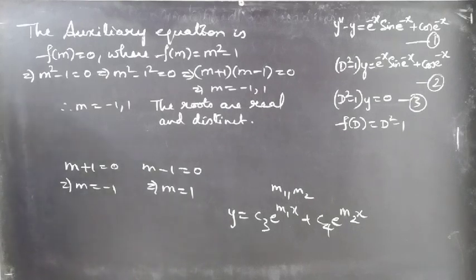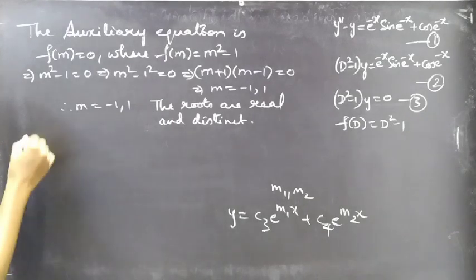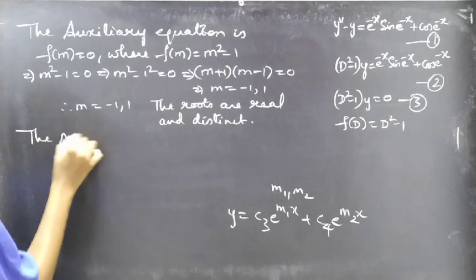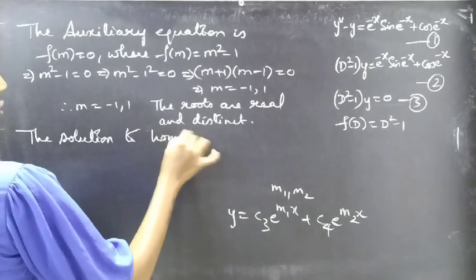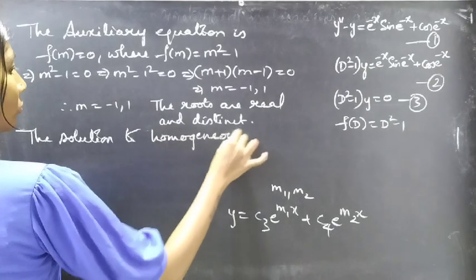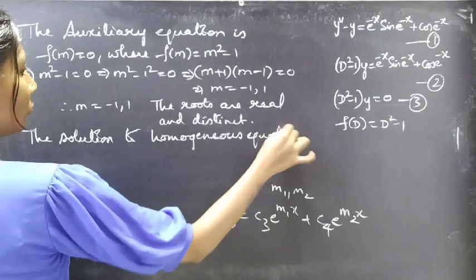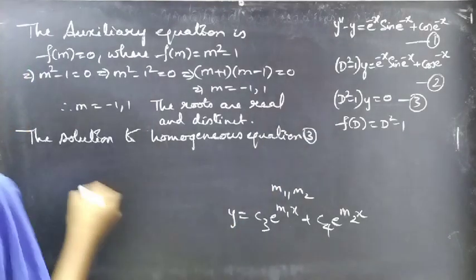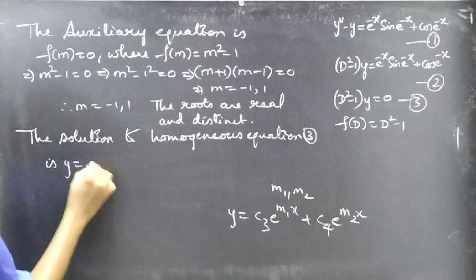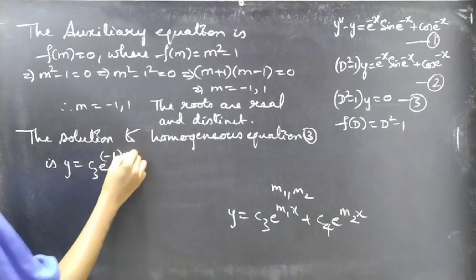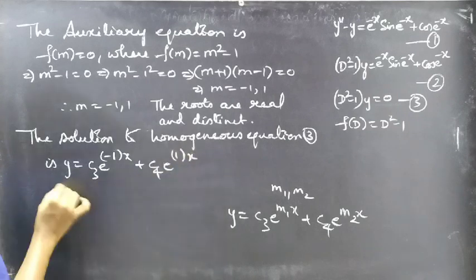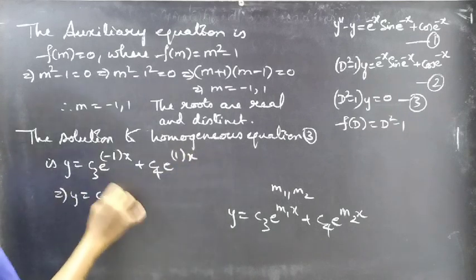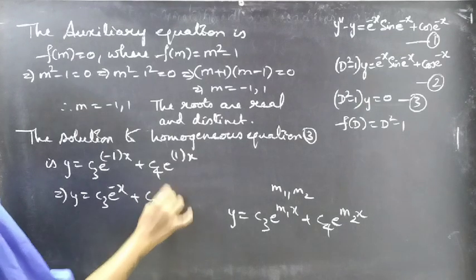Now coming to the solution to the homogeneous equation. The solution to homogeneous equation is y equal to c3 e power one root into x plus c4 e power another root into x, or we can write this as y equal to c3 e power minus x plus c4 e power x.